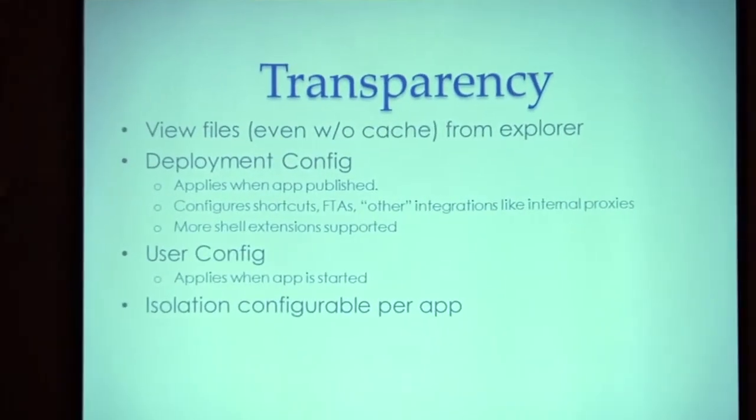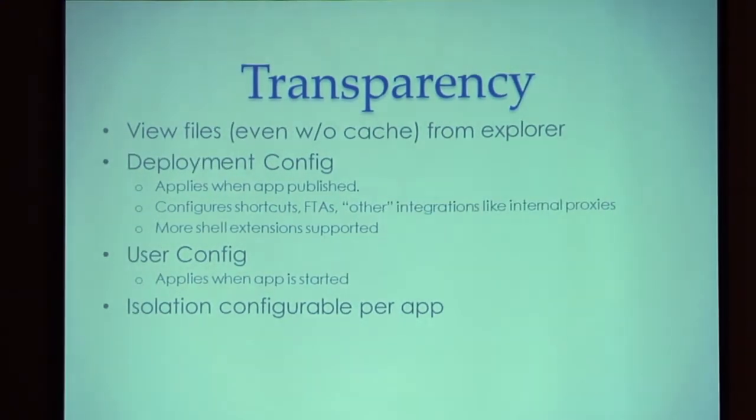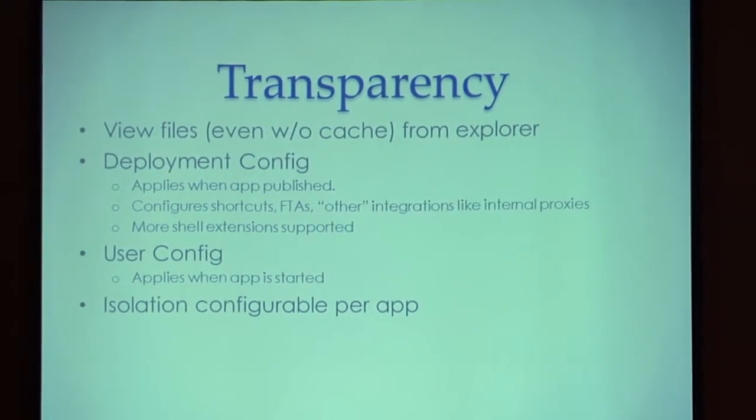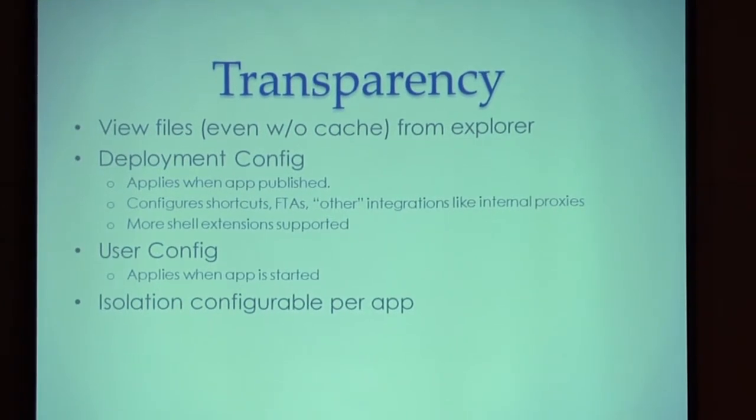Okay, so let's talk about the transparency piece. Once I have these packages on the client, I talked about that folder earlier, right? The stuff is mounted there. So I can go into C, Program Data, Microsoft AppV, Package GUID, Package Version GUID, and I will see all of the actual executables that are there.